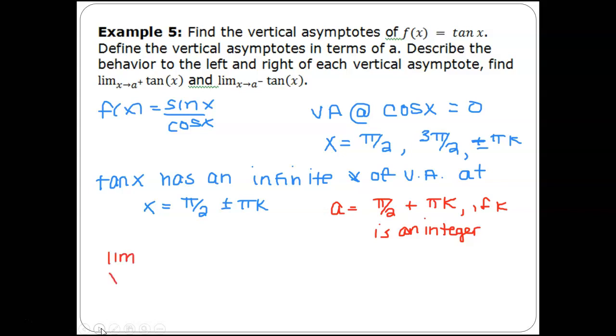And if it's an integer, that means it could make k positive or negative. So what that does is that allows me to determine the limit as x approaches a from the right and the limit as x approaches a from the left of tangent, because the infinite vertical asymptotes are going to be the same to the left and right of a every single time.